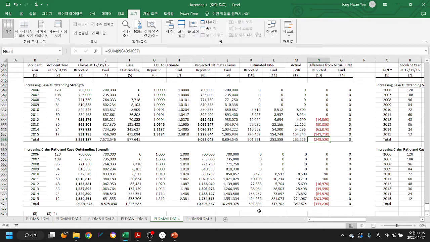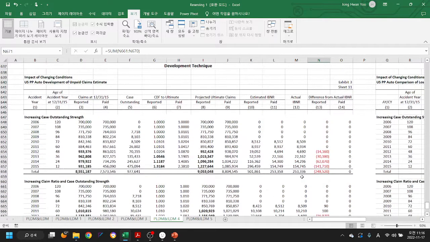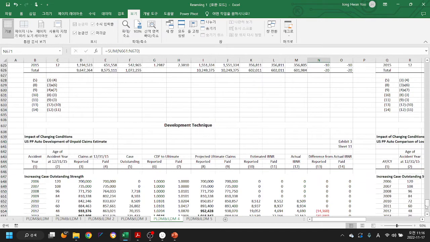It alone won't change anything, but those two combined together, and probably the case outstanding inadequacy is leveraging the increasing claim ratio. So the gap between PLDM and ILDM is much bigger, and there's also a much bigger discrepancy against the true IBNR.